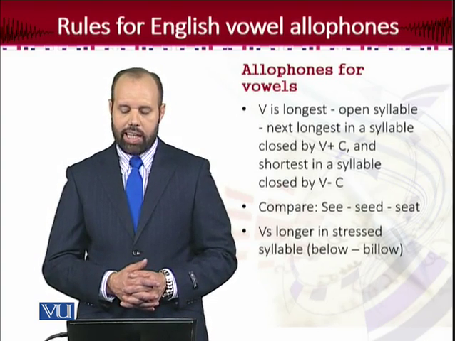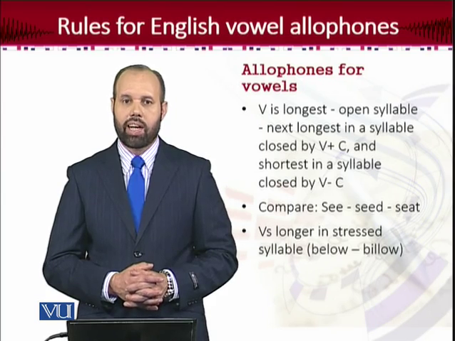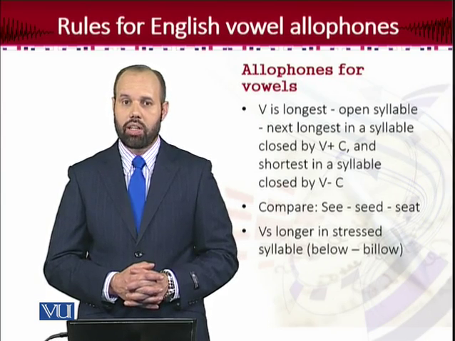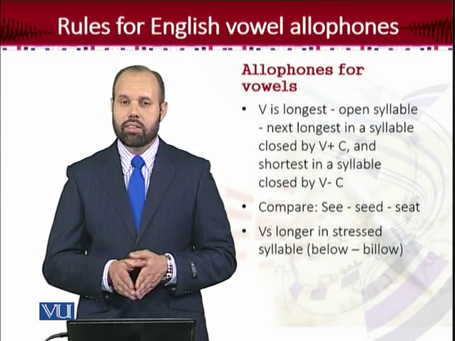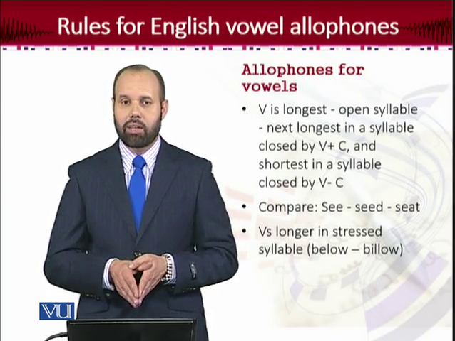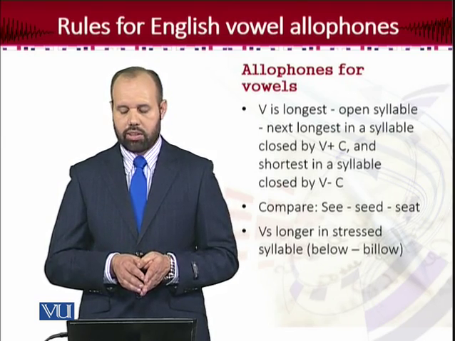Vowels are longer in a stressed syllable, and that is an important configuration of stress, because it is generally understandable that a stressed vowel would be in its strongest, longest form.